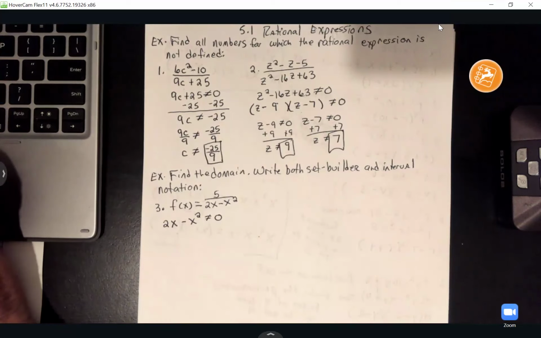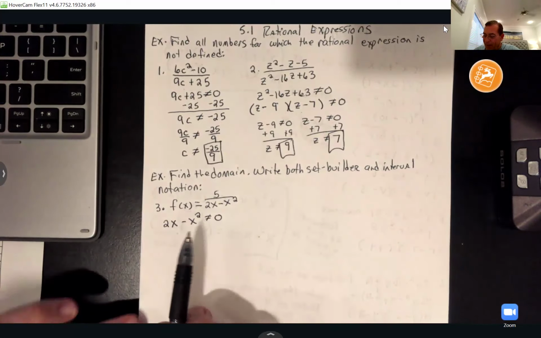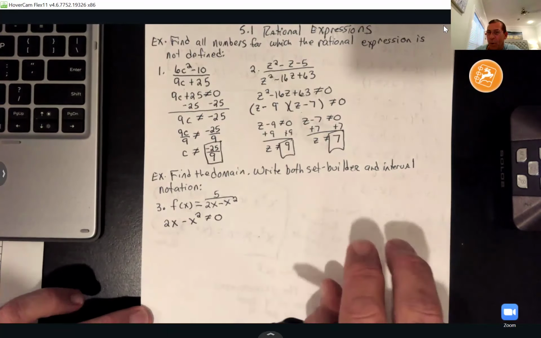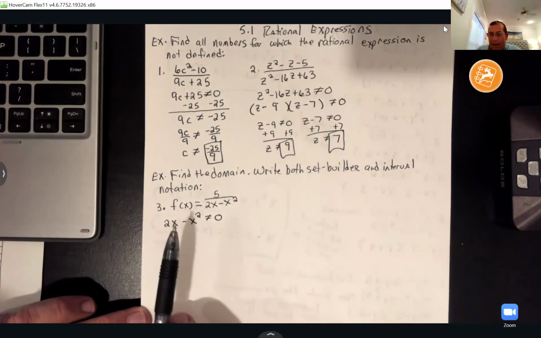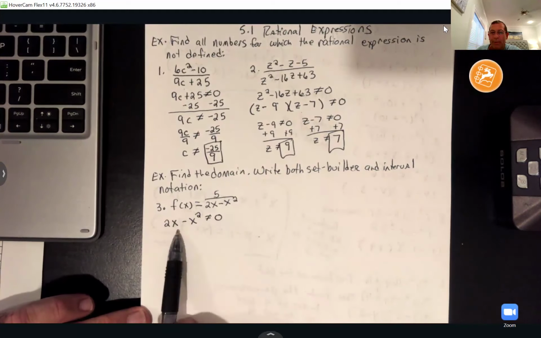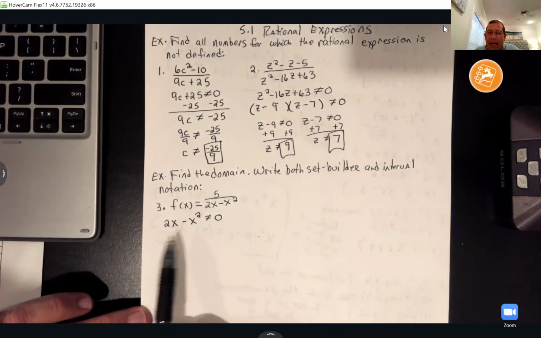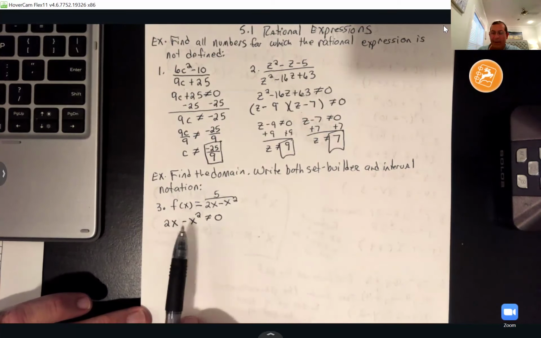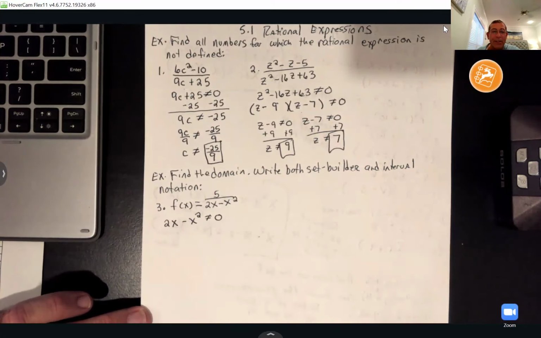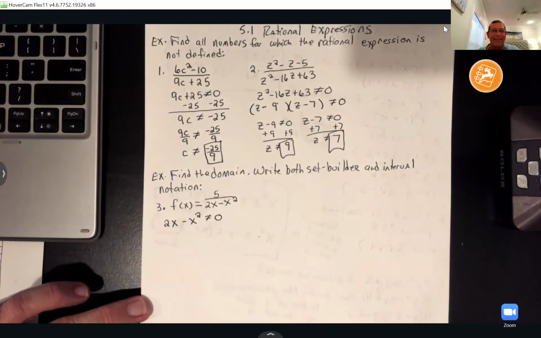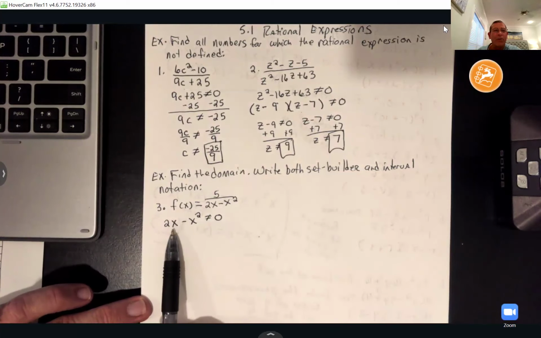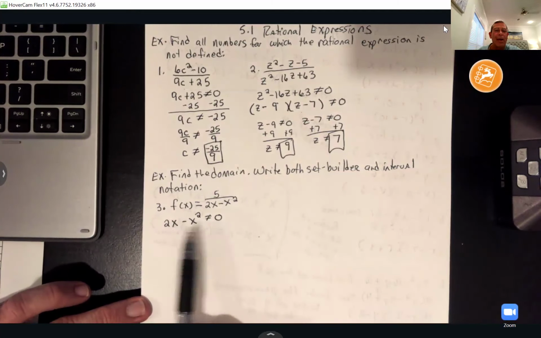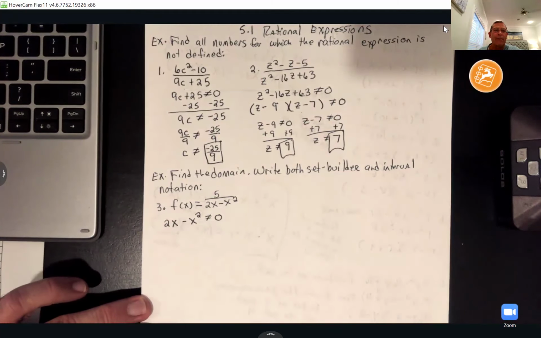So y'all, let me ask you this. We just factored that support stuff. The first two problems, I factored out a GCF. Do y'all see a GCF on these two? What's the greatest common factor between a 2x and an x squared?